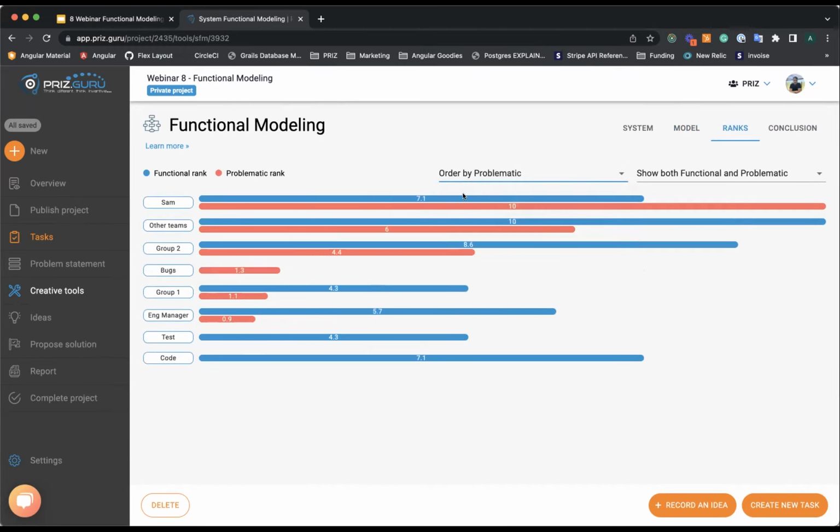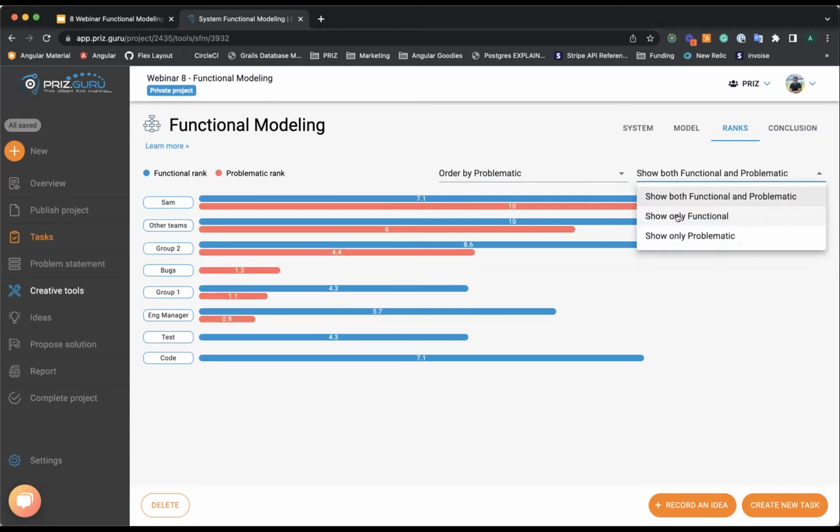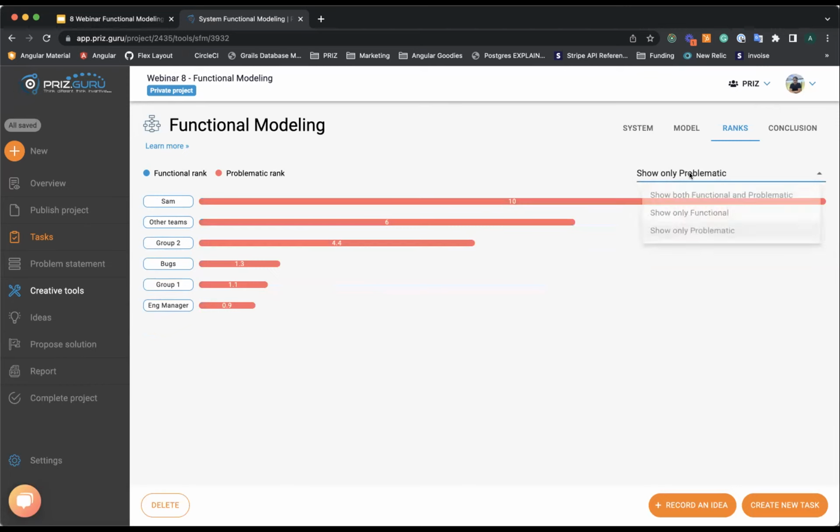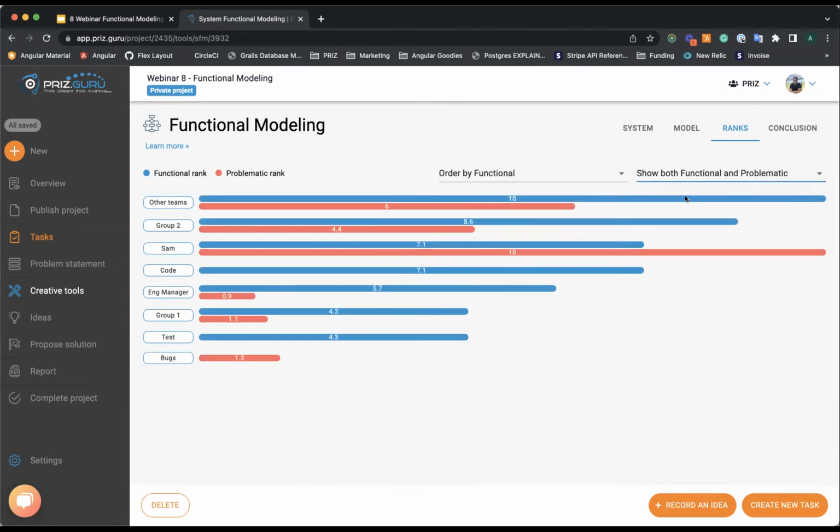And then there is a problematic rank of the same. So for example, components that actually create problems in that software. Okay. Just for an example, we can present only the functional ranks or only problematic ranks just for convenience, or look at them both, right?